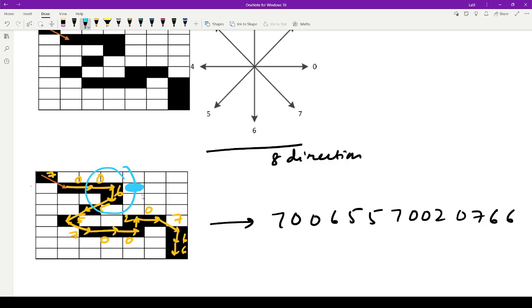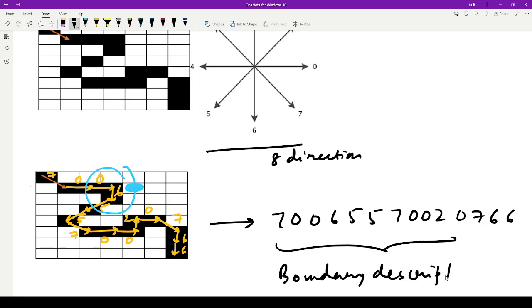But your boundary also contains this, right? And what is this specific thing that we extracted? It is a boundary descriptor. So your boundary descriptor is not describing this other part, which is not good. You have to cover it somehow. So what you have to do is go like this and then come like this if you have multiple options.